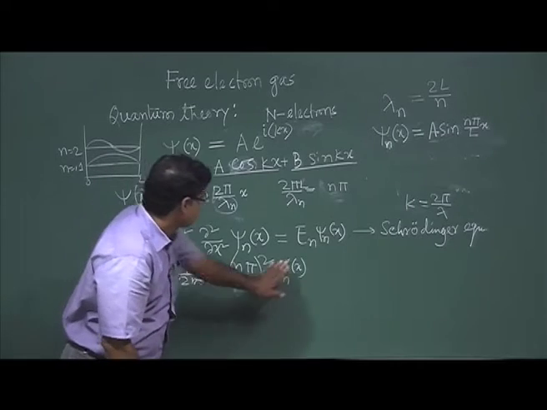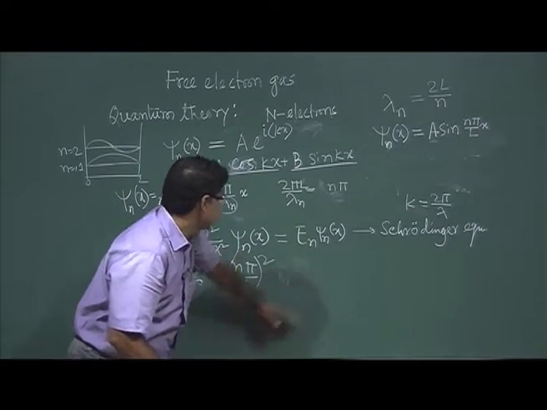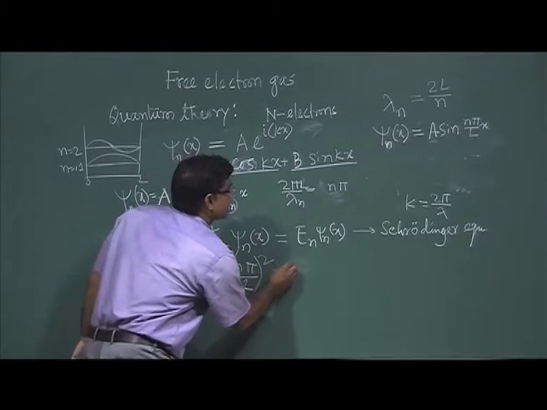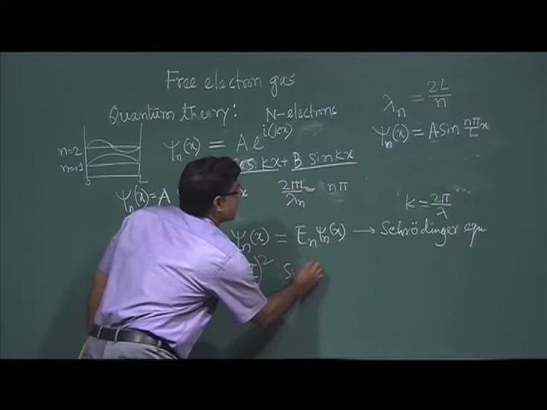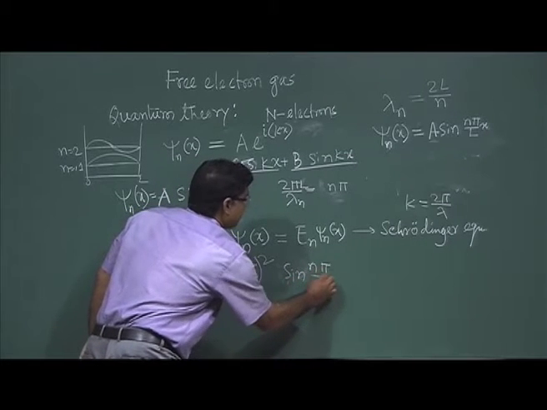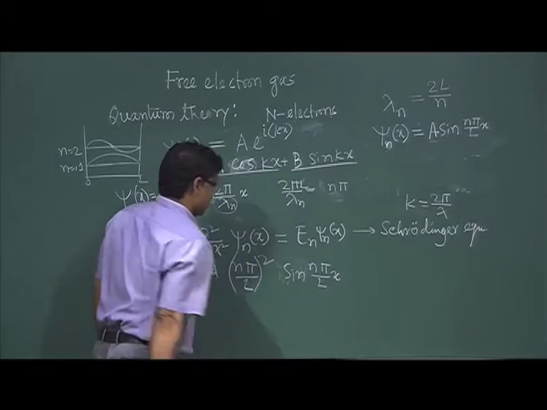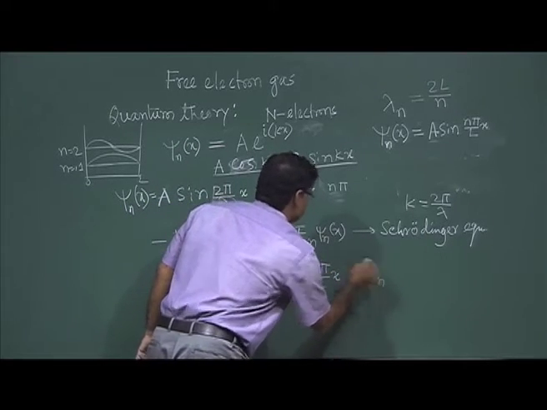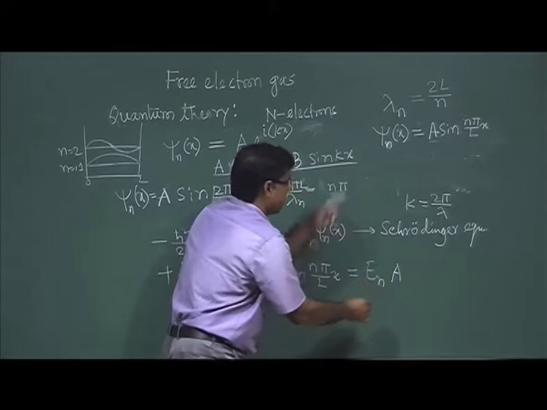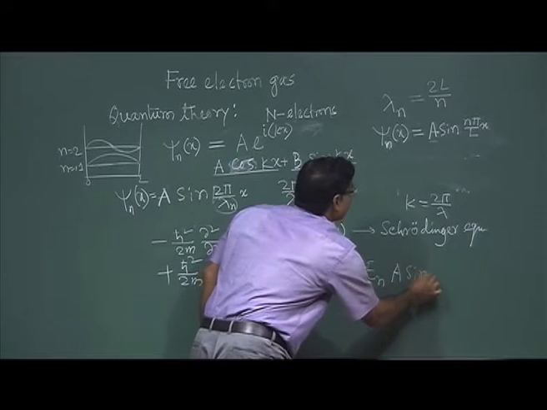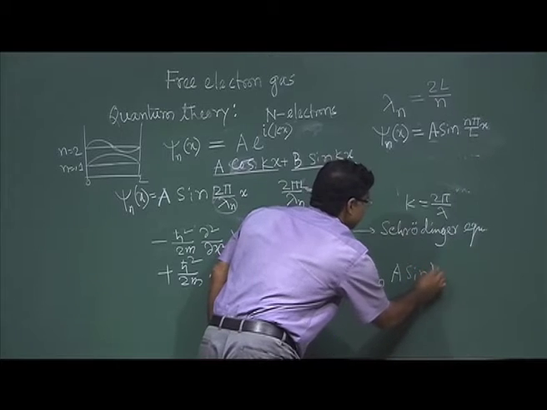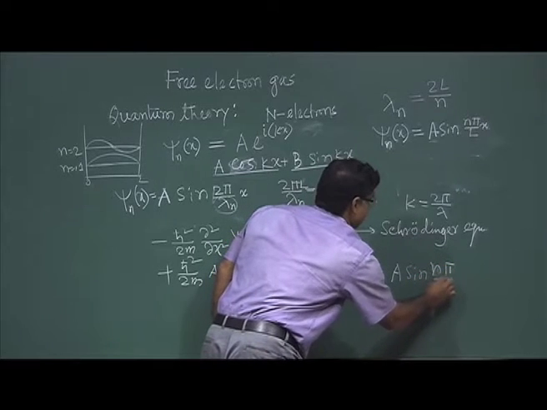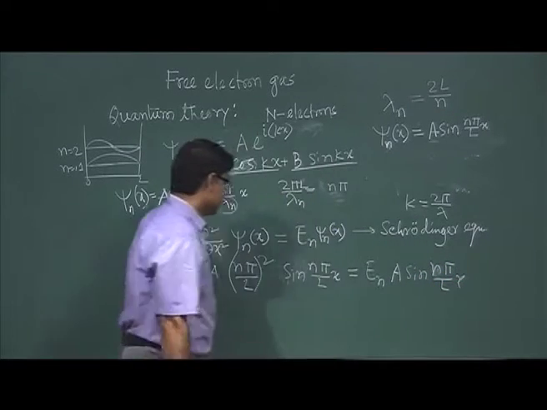So, in principle I should write sin n pi by L x equal to E n A sin n pi by L x, right.